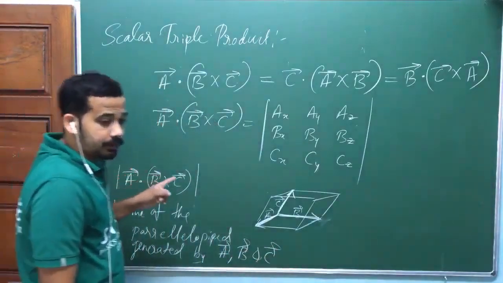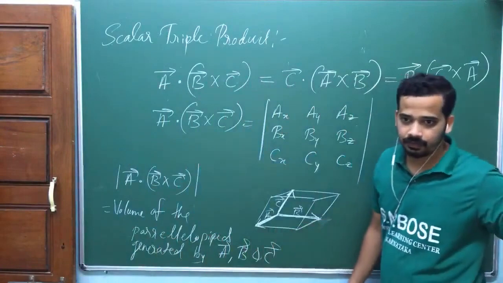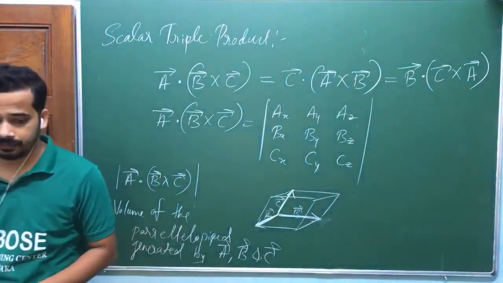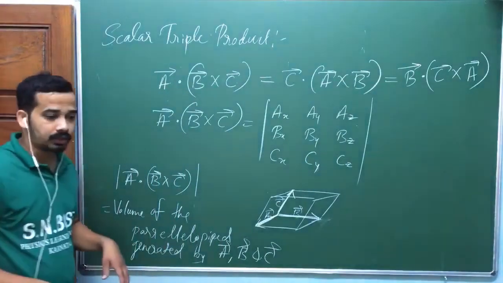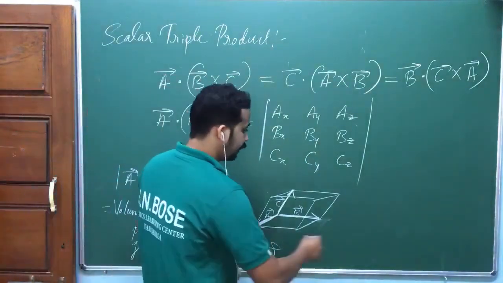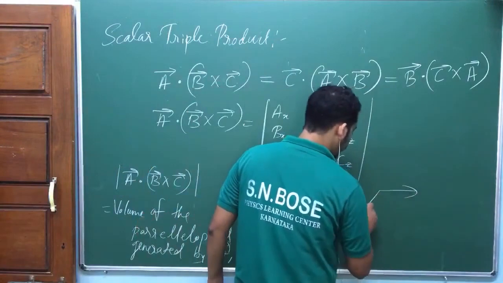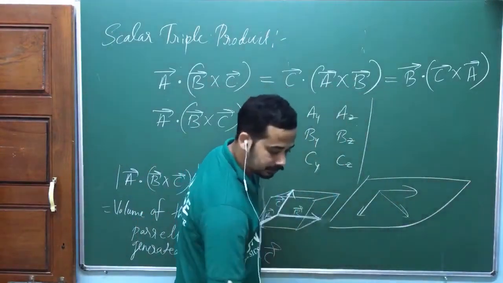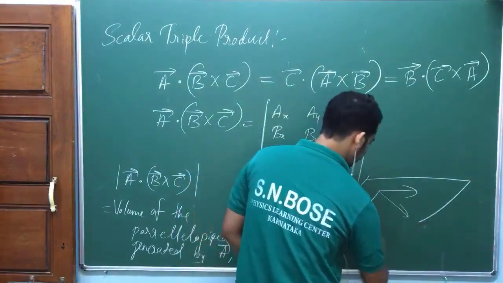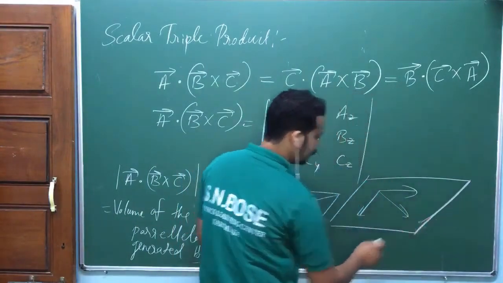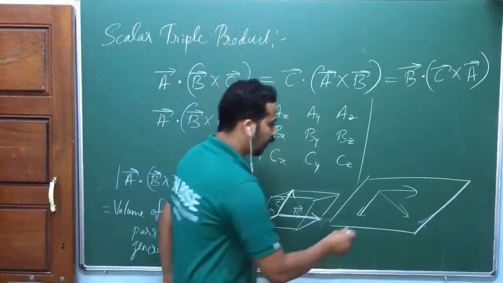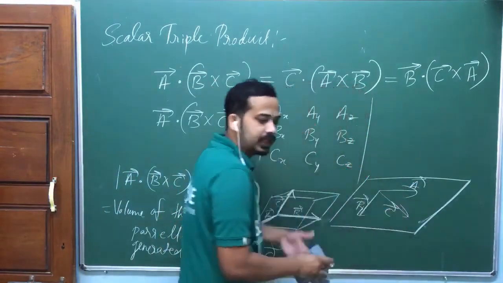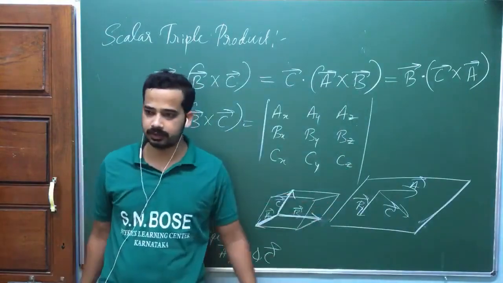Look here. The scalar triple product is a test of whether vectors are coplanar or not. If vector A is here, vector B is here, and vector C is on the plane of A and B, let me take a plane. If all of A, B and C are on the same plane, then it will not generate any volume at all, isn't it?